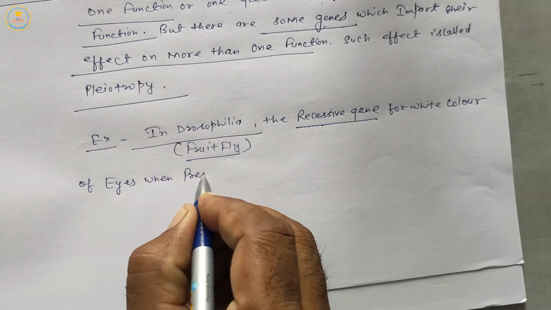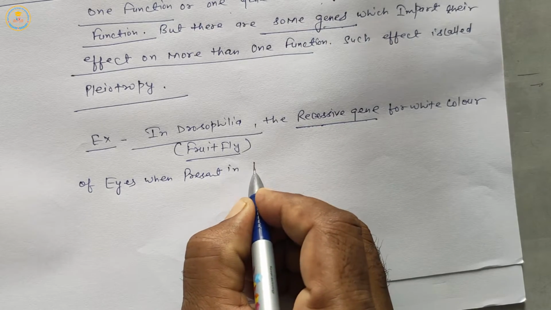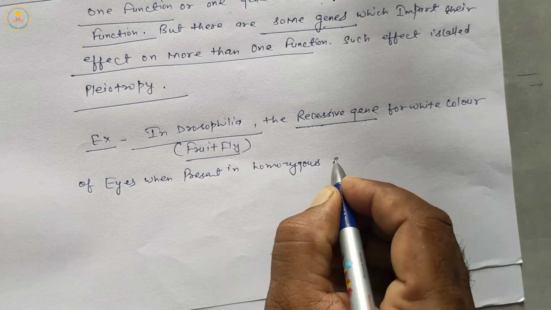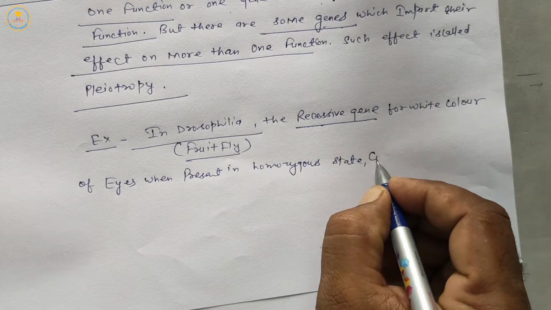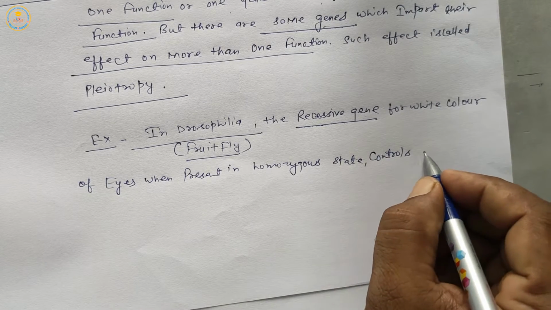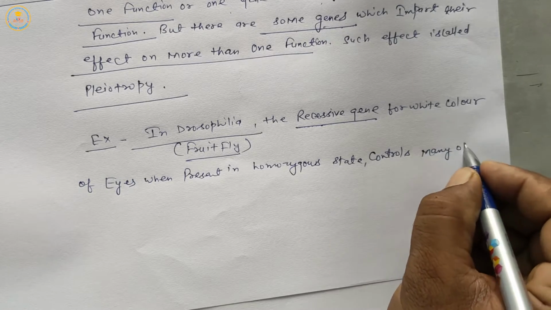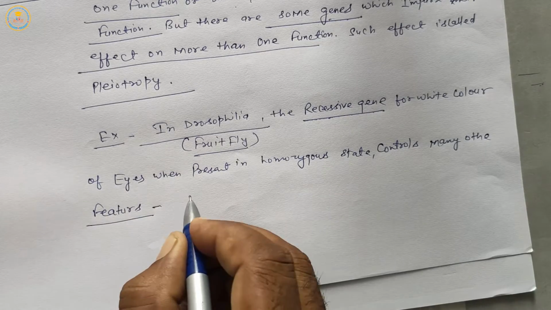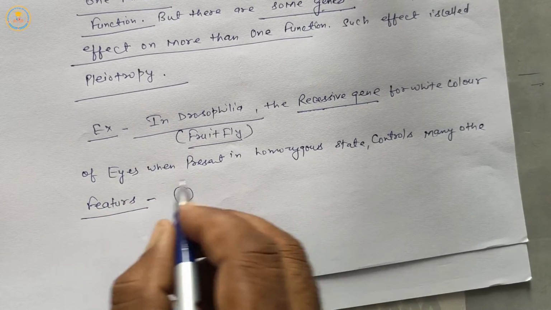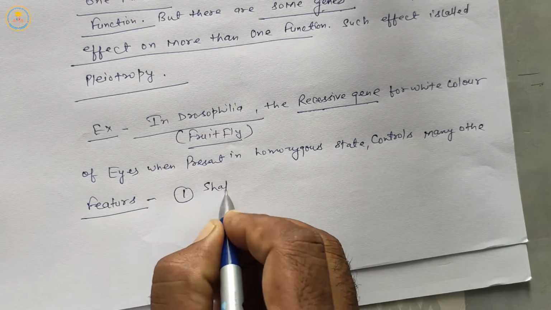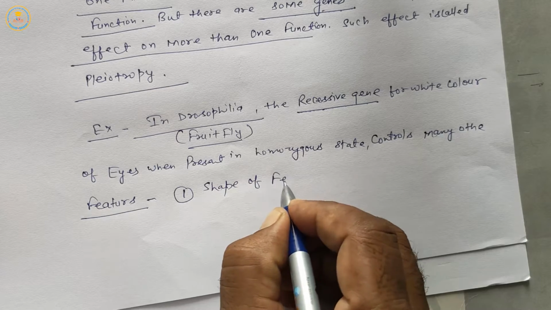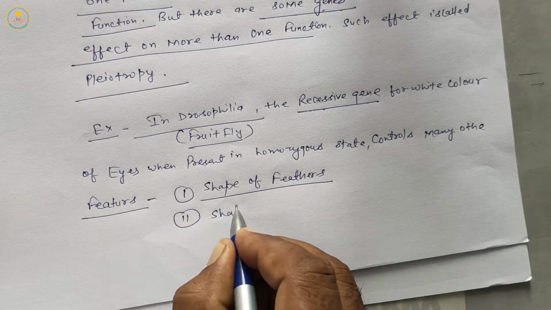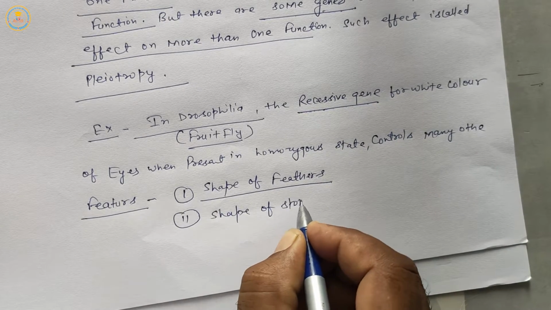when present in homozygous state, controls many other features like the shape of feathers and the shape of stomach.